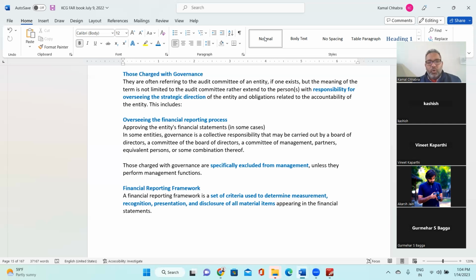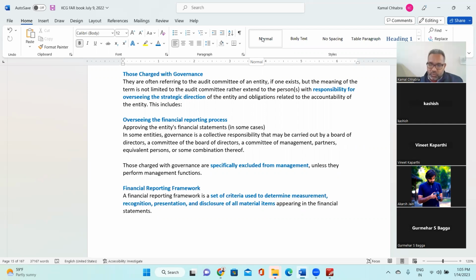That is like approving the financial statement. Like the CEO might be signing the financial statement, so the CEO would be considered as those charged with governance. The managing director will be signing the financial statement, so the managing director will also come under those charged with governance, right? In some entities, governance is a collective responsibility that may be carried out by the board of directors, a committee of the board of directors, or a committee of the management partners or equivalent, or some combination of those.